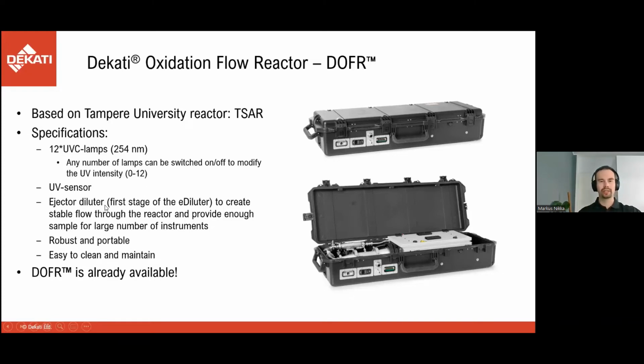There's an integrated ejector diluter, which is the first stage of the E diluter, our dilution system that Dekati provides. Part of it is inside this reactor system, and it is used to create the stable flow through the reactor chamber and provide enough sample for a large number of instruments.